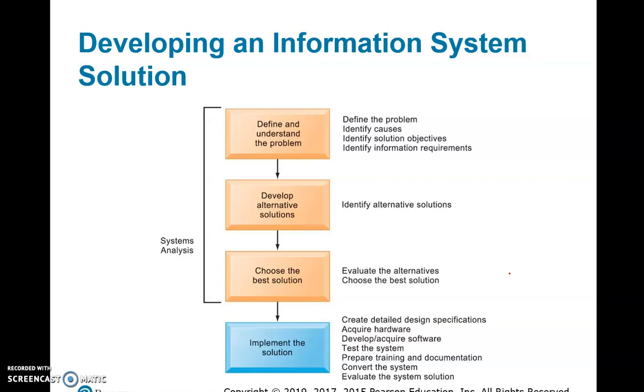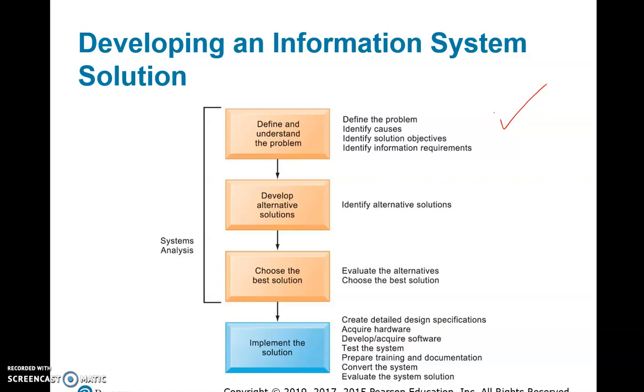Developing an information system needs to have a very refined solution and a very good process. So, this is the process that we have in place in many organizations. The idea is to basically get the best solution among a varied amount of solutions that are in place.